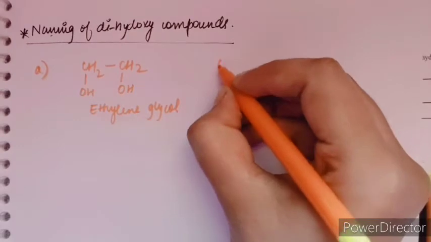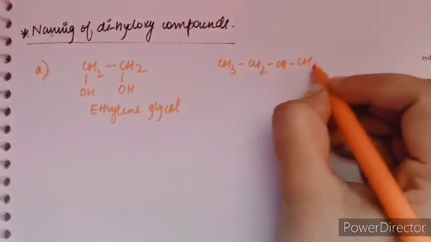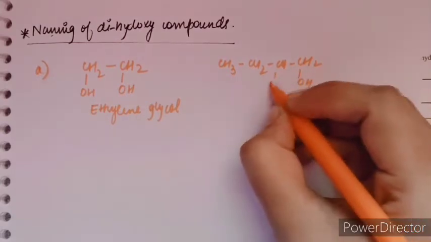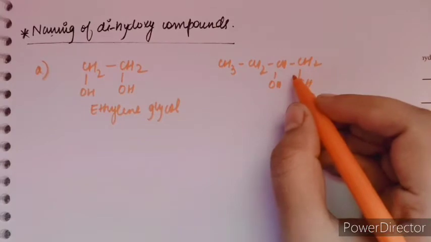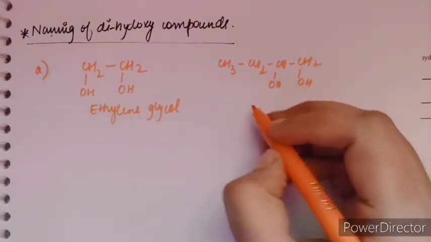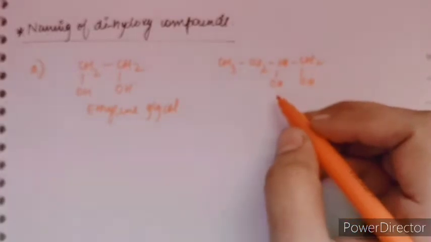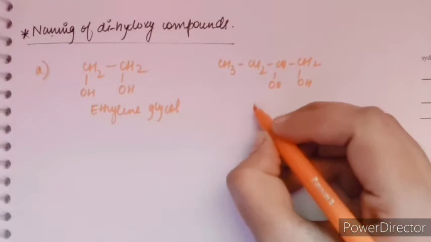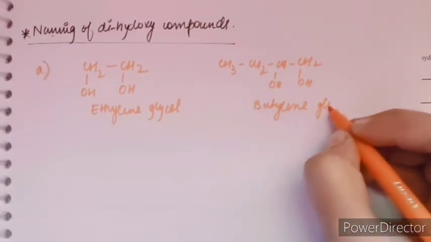One more example is CH3, CH2, CH2 and OH. The OH groups are attached to the adjacent carbons and there are a total of 4 carbon atoms, so we can name it butylene glycol.